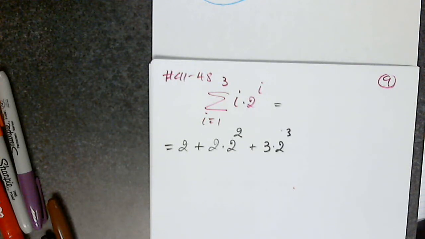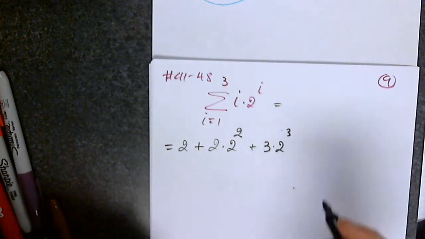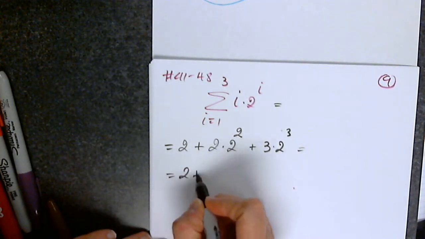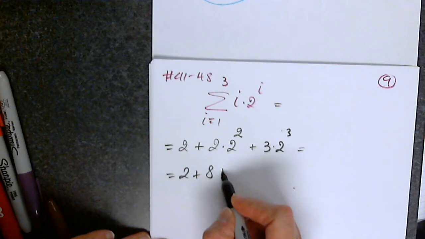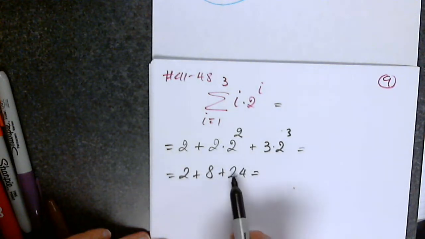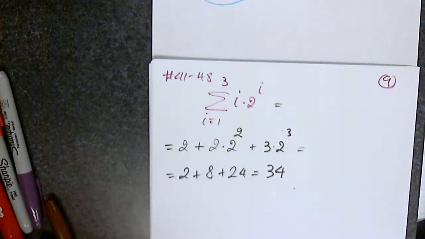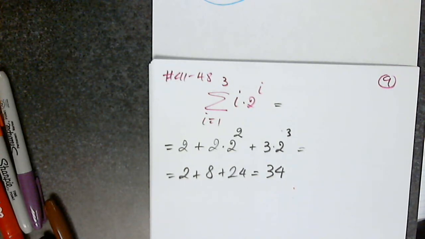Would you agree? Is this okay? Yes? So indeed, this is 2 plus 4 times 2 is 8, and this is 8 times 3, 24. So what do I get? 34. Correct?